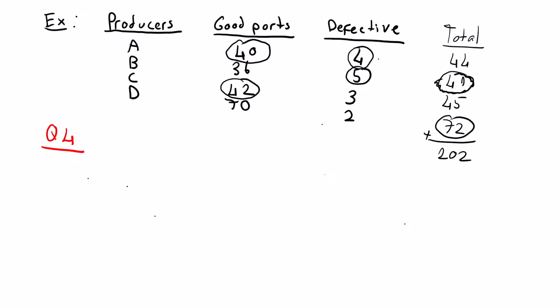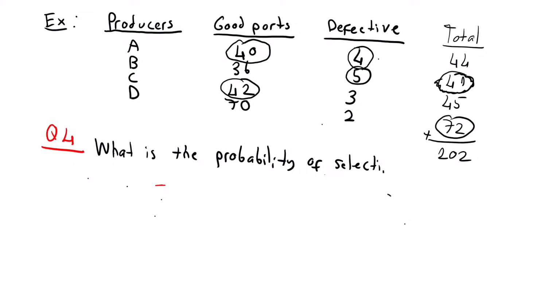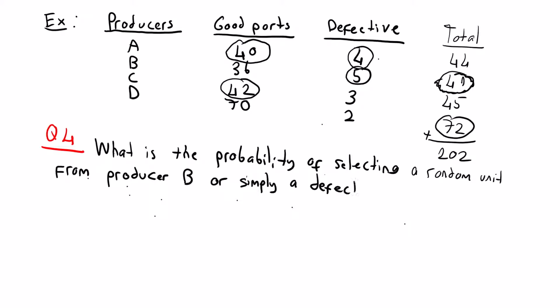And we're looking for the probability of selecting a random unit from producer B, or simply a defective unit.